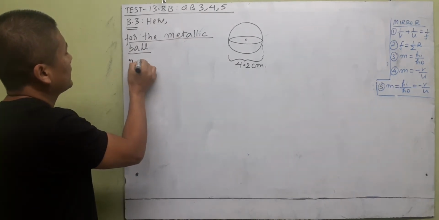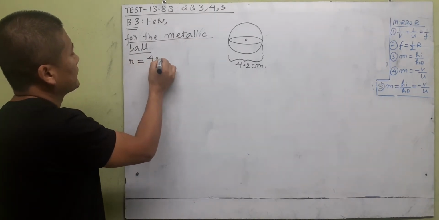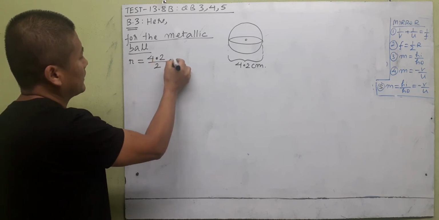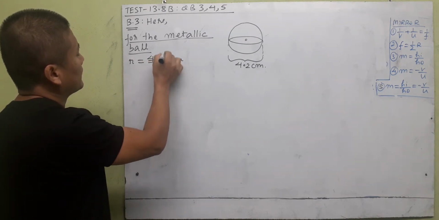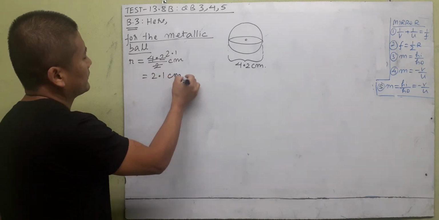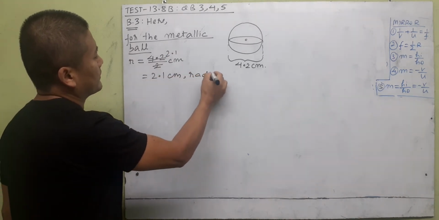The r here can represent the radius. So radius is diameter divided by 2. So let us do that. So we'll get here 2.1 centimeter as the radius, right?